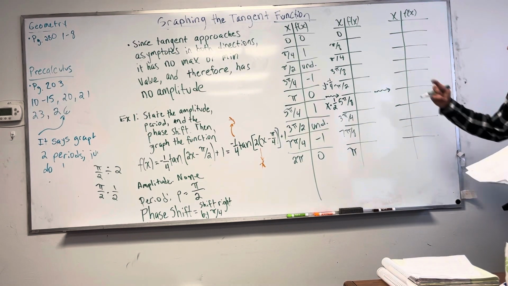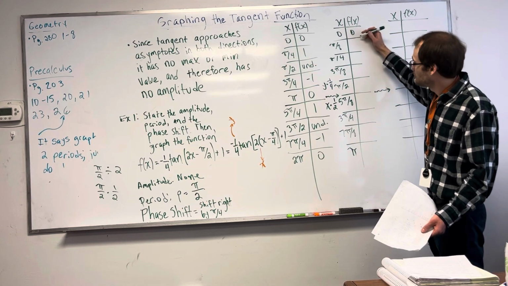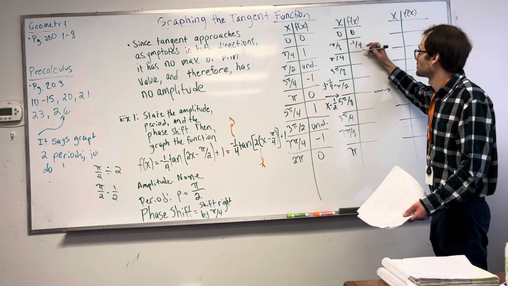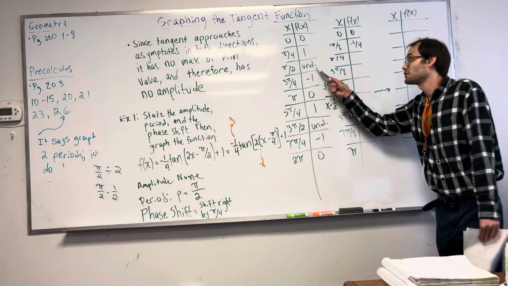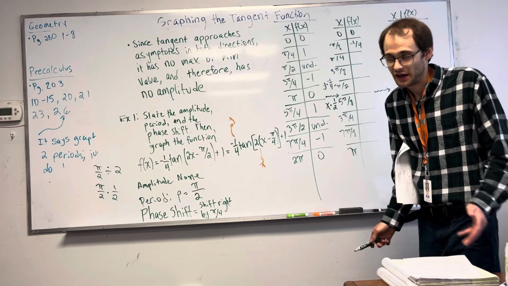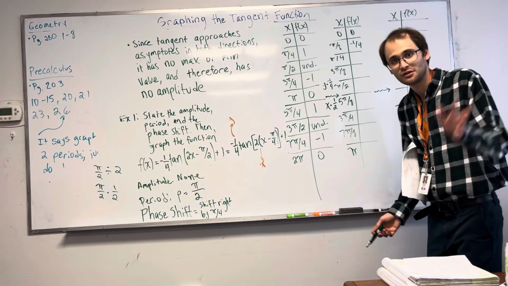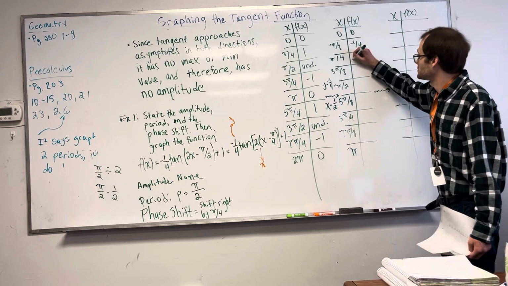And then with the y, that's a much simpler process. I'll have 0, negative 1/4. Oh, I'm glad I remembered to make a note of this. Don't get tripped up by the undefined. Undefined stays undefined. It doesn't matter what you multiply it by, add to it, whatever. It'll stay completely undefined. So I'll just fill that in here.